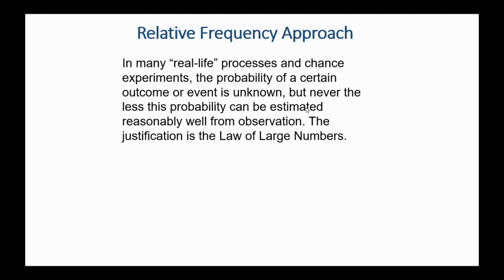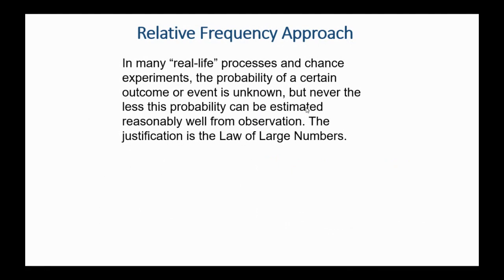Anyways, back on topic. In many real-life processes and chance experiments, the probability of a certain outcome or event is unknown. But nevertheless, the probability can be estimated reasonably well from observation.